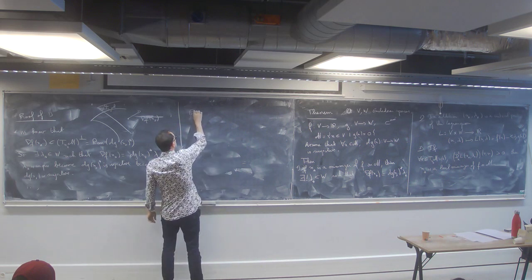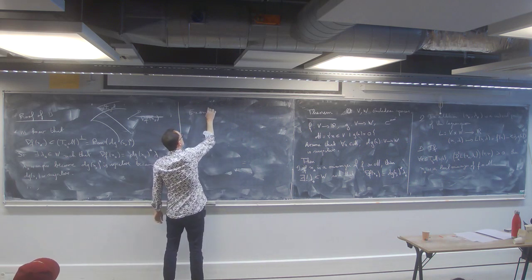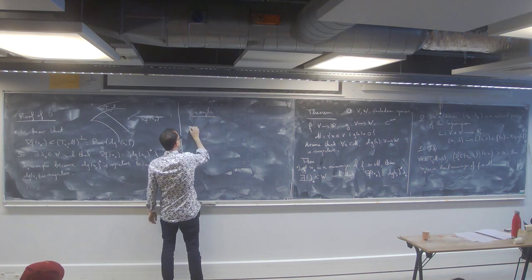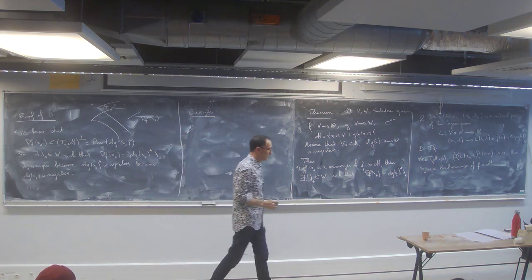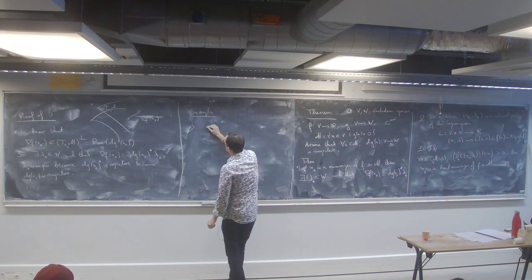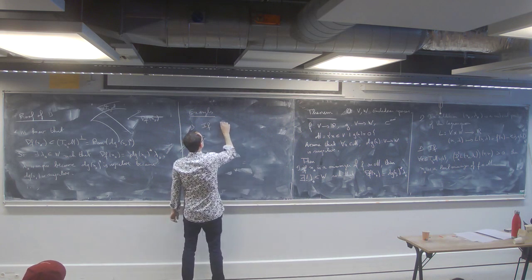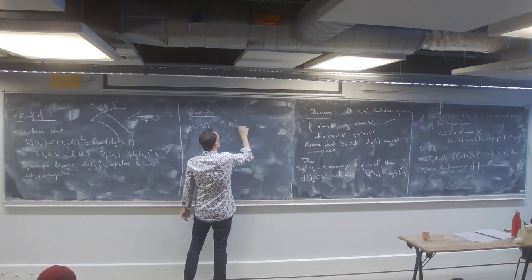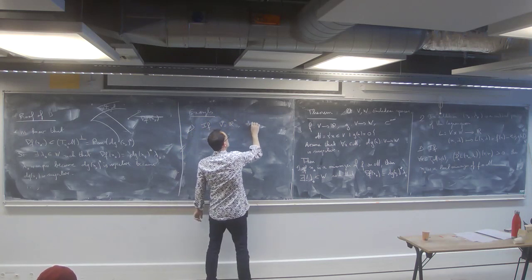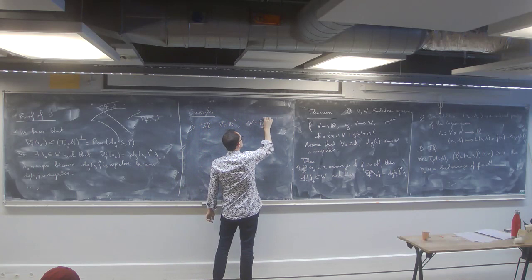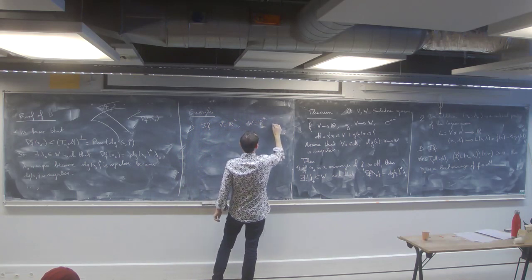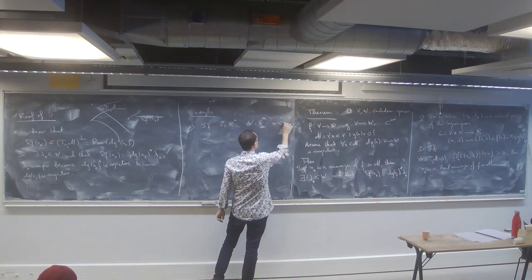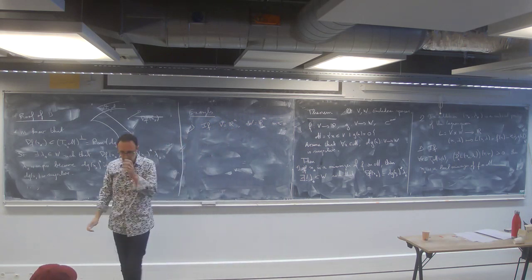So examples. So V is equal to Rn, W is equal to Rm, with m lower than n, otherwise it's not very interesting.